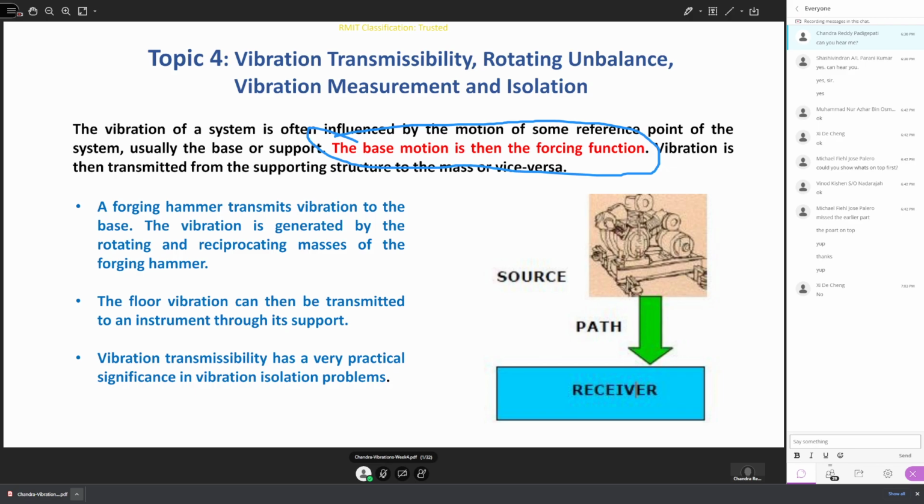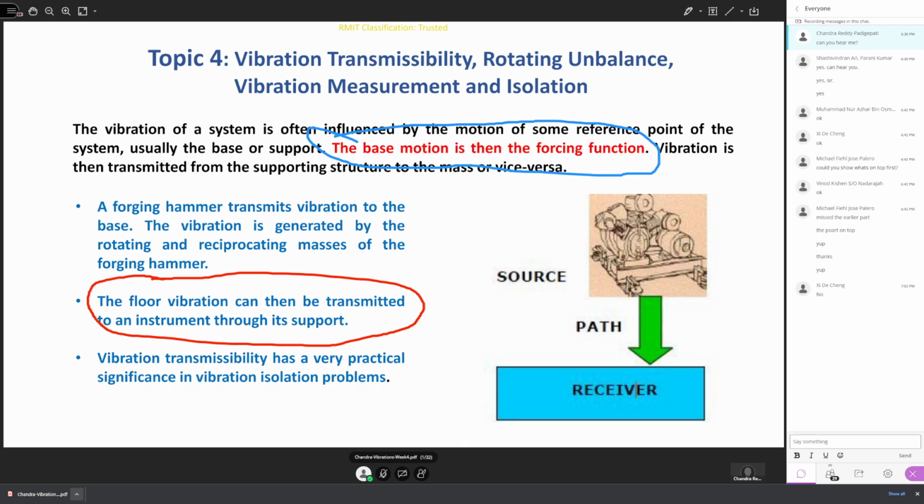So basically there will be a base motion which is equivalent to the external force, just like a forced vibration, but the forced vibration is coming because of the movement of the base. The floor vibration or base vibration can then be transmitted to an instrument through its support. So basically the movement of the base is transmitted through the instrument.